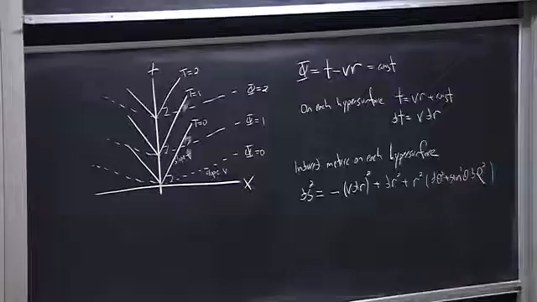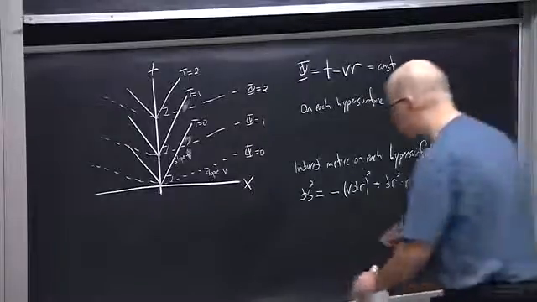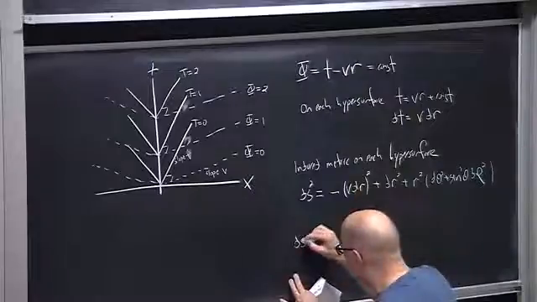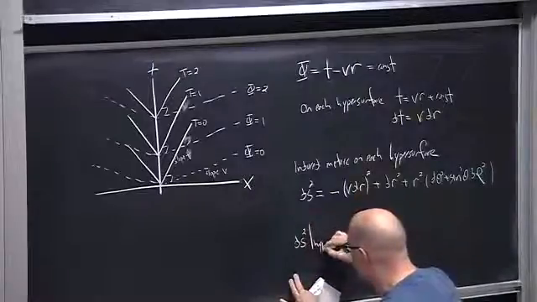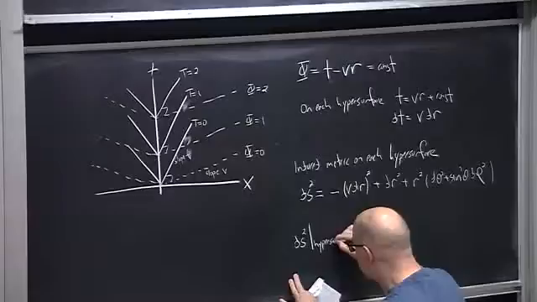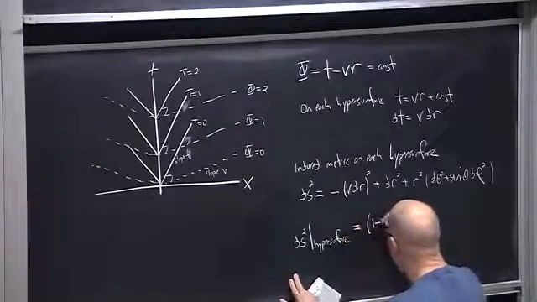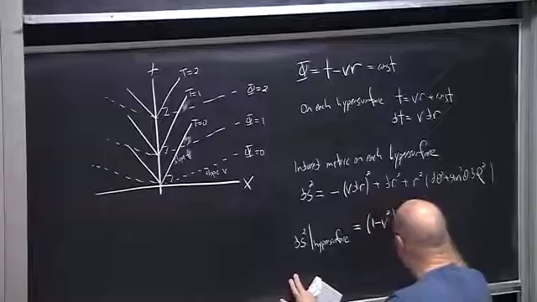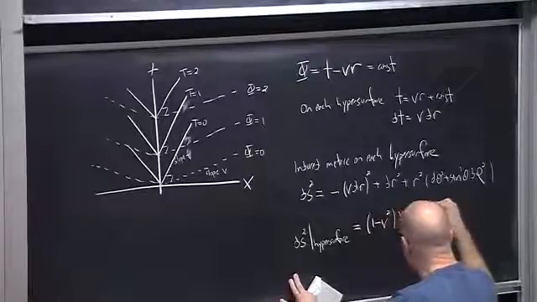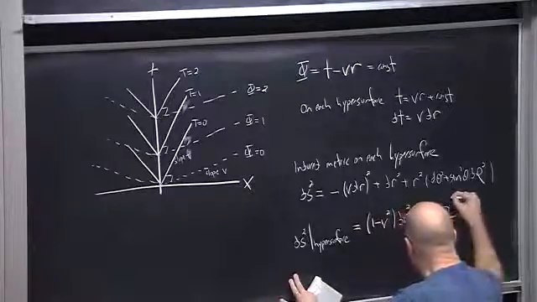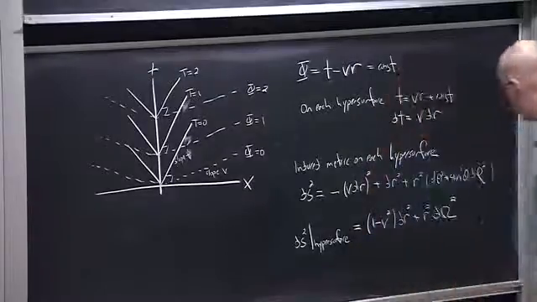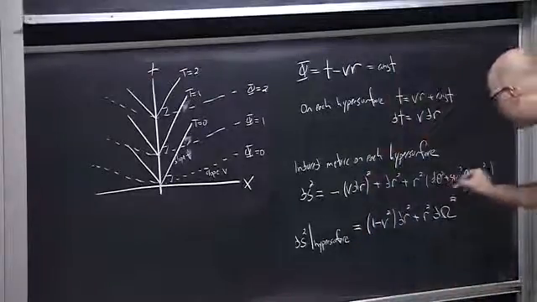And what I'll get, of course, is a perfectly fine three-dimensional metric on my hypersurface. So the line element on the hypersurface is going to be 1 minus v squared, dr squared, plus the rest of it. I should have introduced this notation, but d omega squared just stands for all this here.